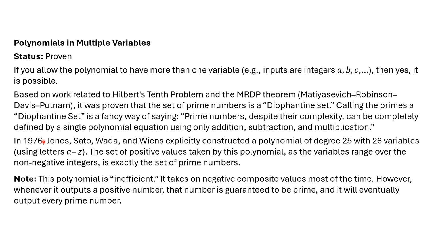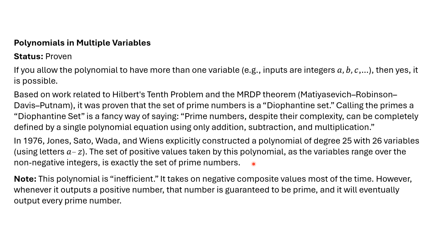In 1976, Jones, Sato, Wada, and Wiens explicitly constructed a polynomial of degree 25 with 26 variables using letters A to Z, so every letter in the alphabet. The set of positive values taken by this polynomial as the variables range over the non-negative integers is exactly the set of prime numbers.